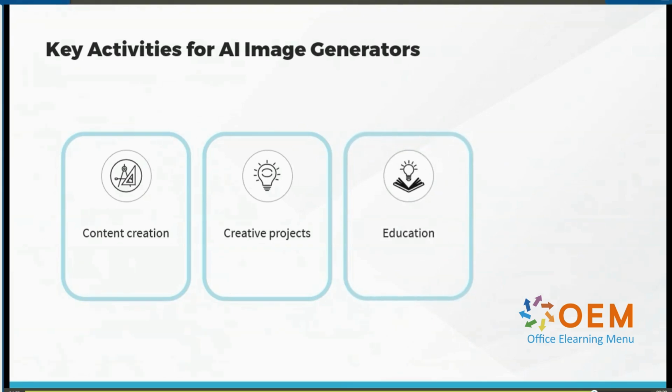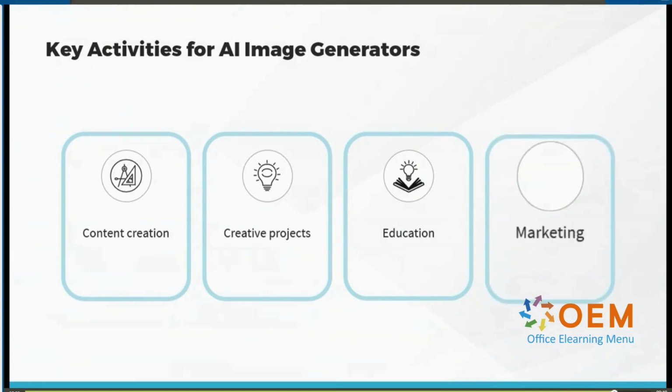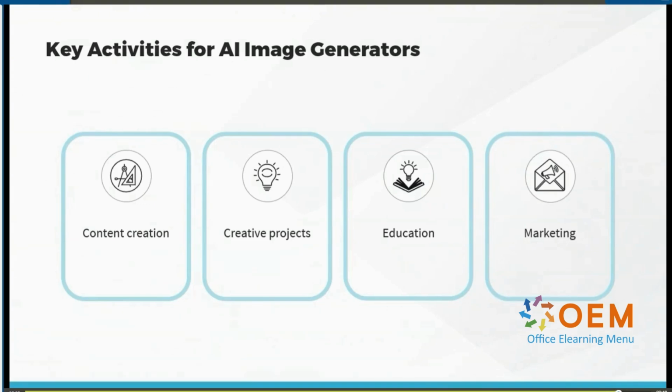And then there's also educational purposes. I use this as well, where I can create visual aids or illustrations or some type of diagram that is going to help somebody understand a complicated topic. And finally, there's design and marketing. We can generate graphics, logos, and visuals for things like promotional materials or branding. And that's just a little bit about what we can do with image generators and artificial intelligence.